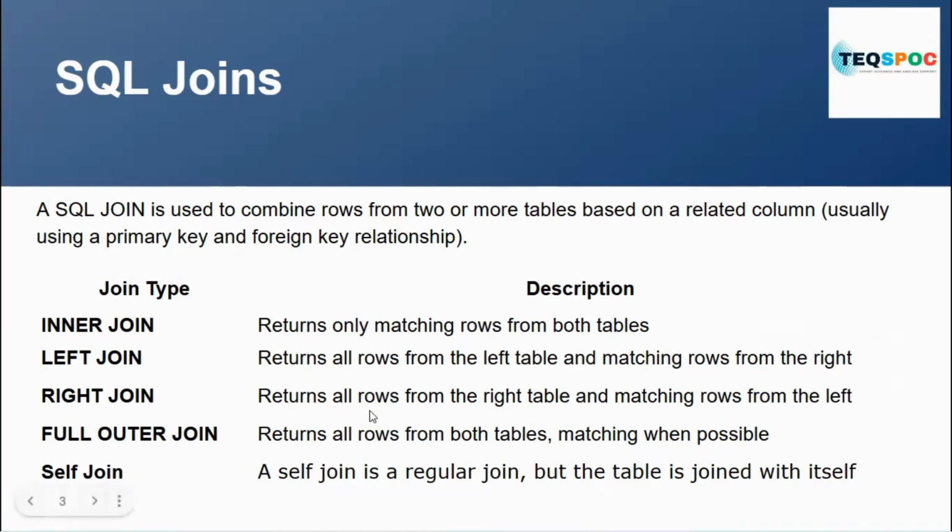Similarly, the right join will return all the rows from the right table and the matching rows from the left. Full join basically returns all the rows from both tables plus matching data. Self join is kind of a regular join, but here the table is joined with itself. It is a different kind of join.